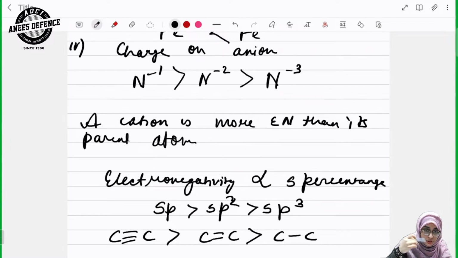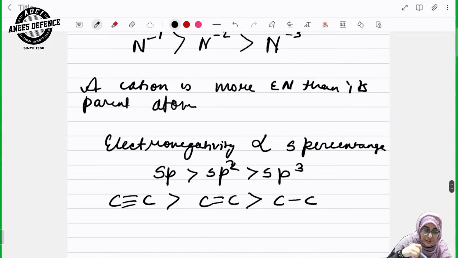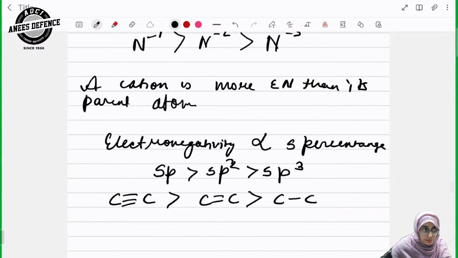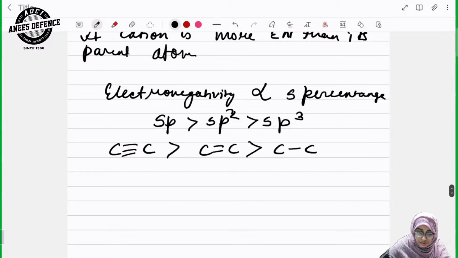A cation is more electronegative than its parent atom from which it is formed. Electronegativity is directly proportional to the s percentage. Hence sp is more electronegative than sp2, than sp3.